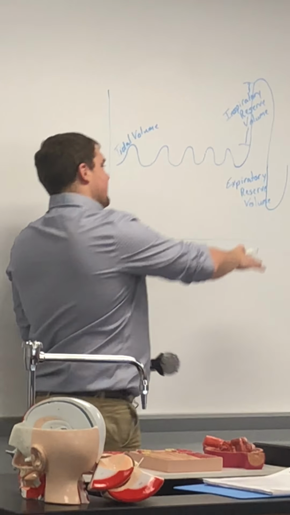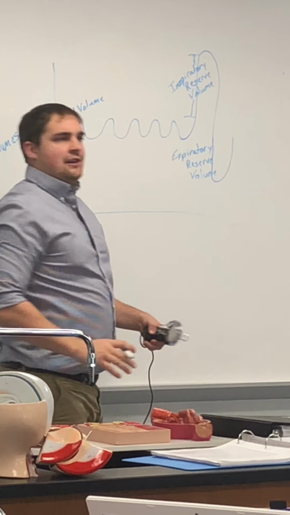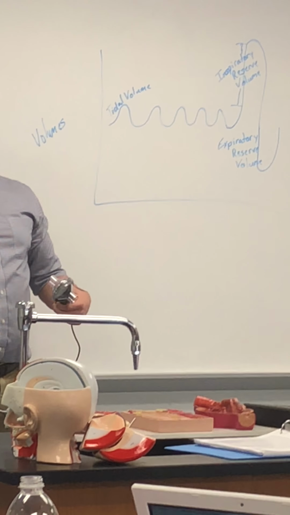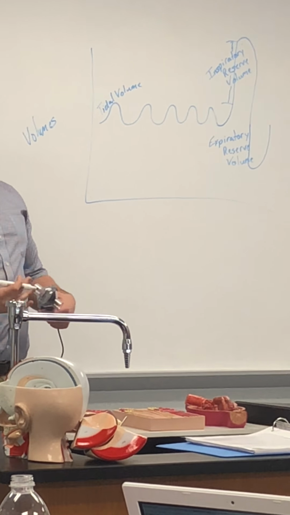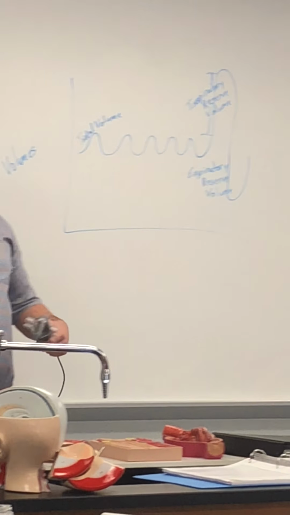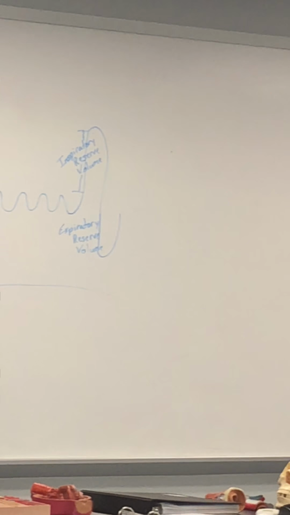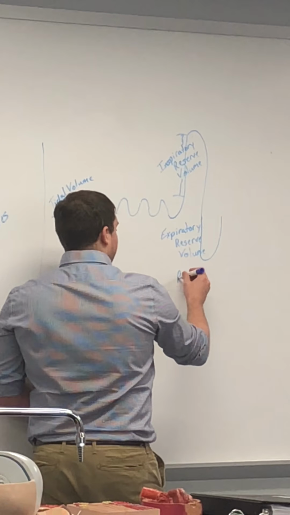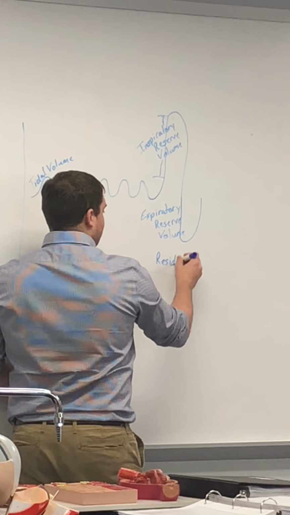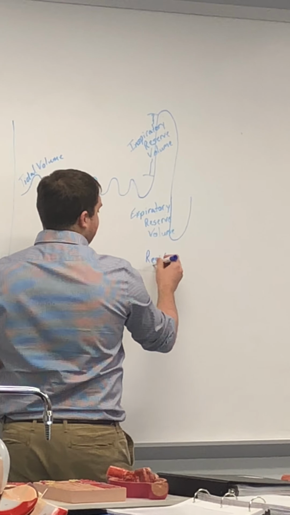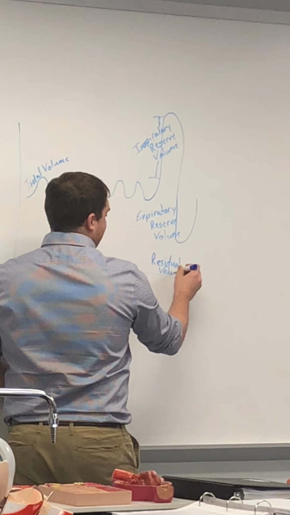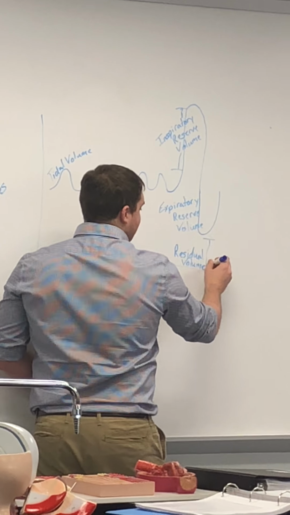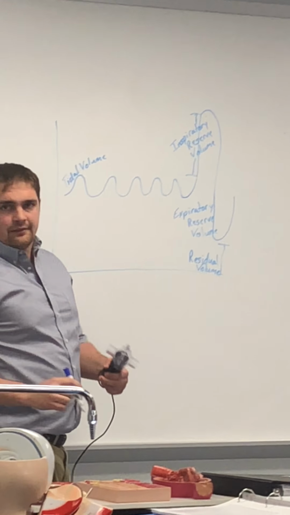Now there is a volume of air that remains in your lungs when you breathe out maximally, because we have to keep our lungs inflated. So this volume is referred to as residual volume. It is the residual air that we cannot possibly breathe out, no matter how hard we try, because our lungs must remain inflated.